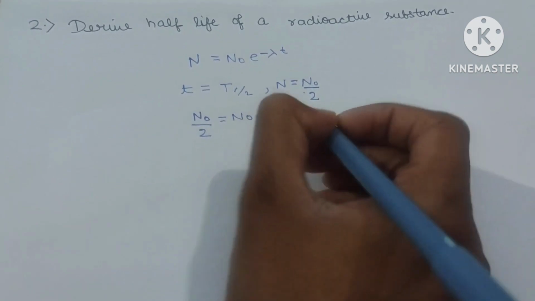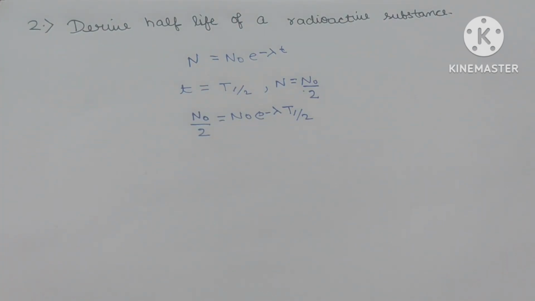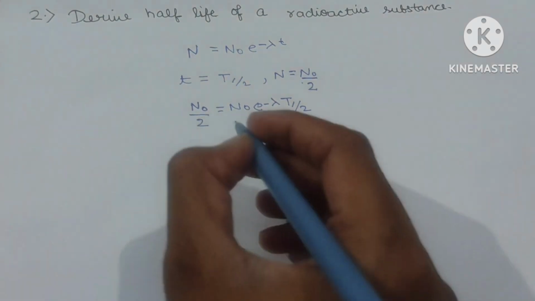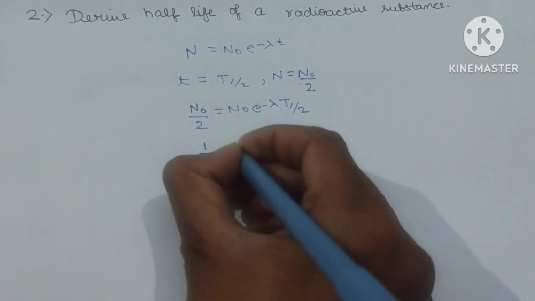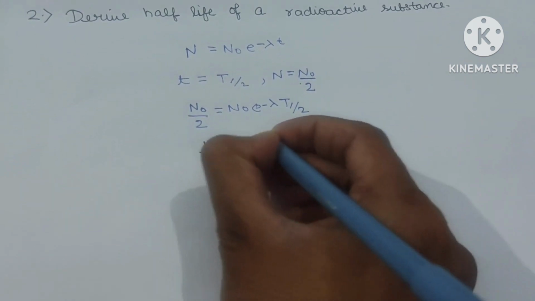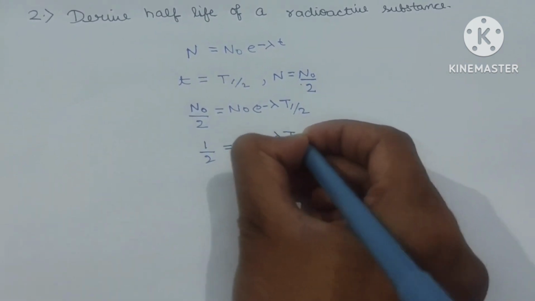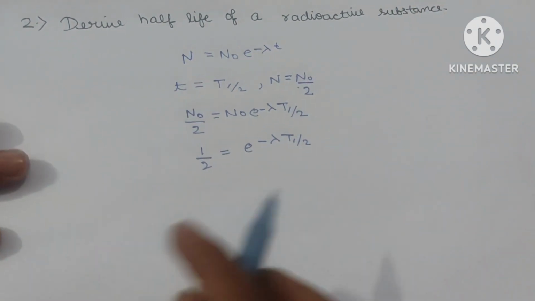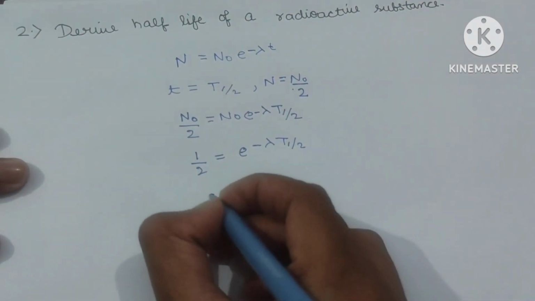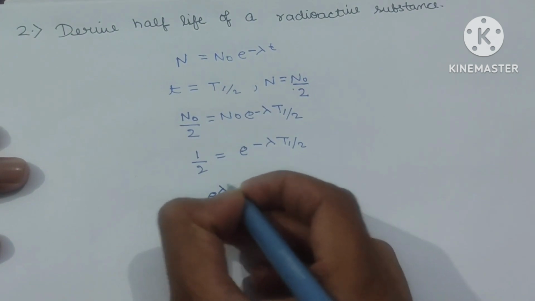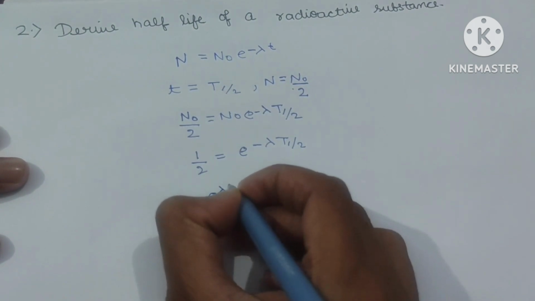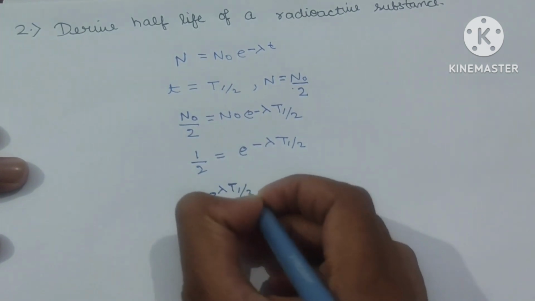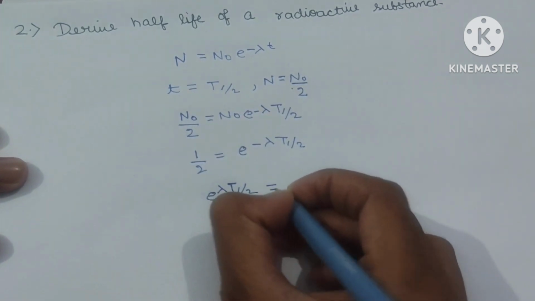Okay, and now we'll have the half equal to exponential minus lambda t half. When we write the positive sign of the lambda, we'll get this, 2.